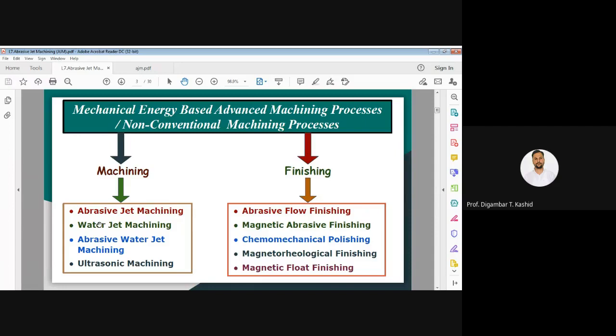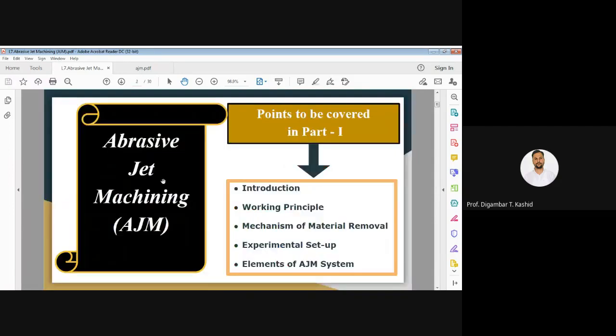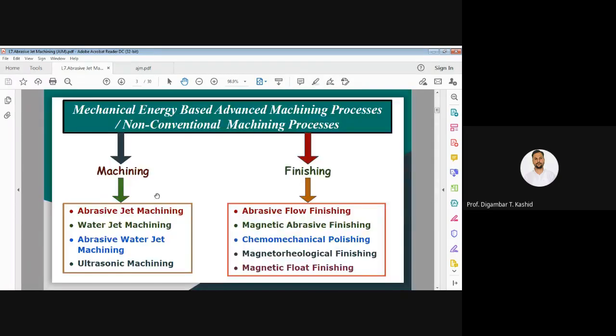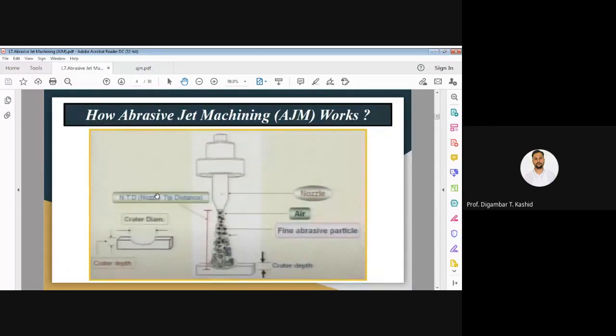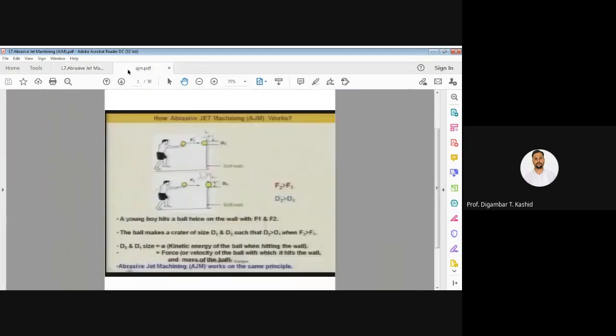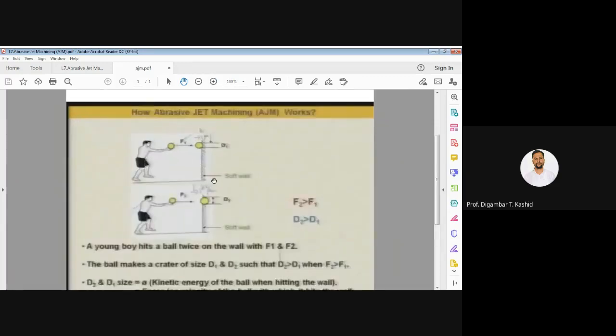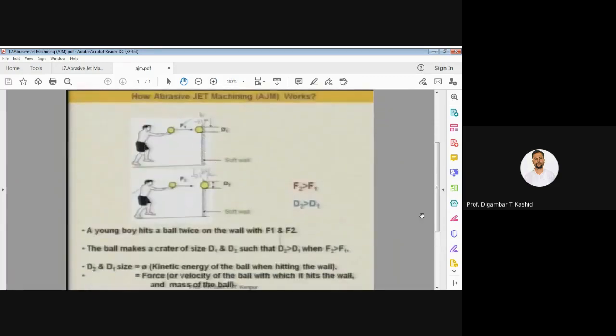Firstly we'll go with our first process, that is abrasive jet machining. Before going to how abrasive jet machining works, I'm going to explain with the help of one example. For that example you can see this diagram.